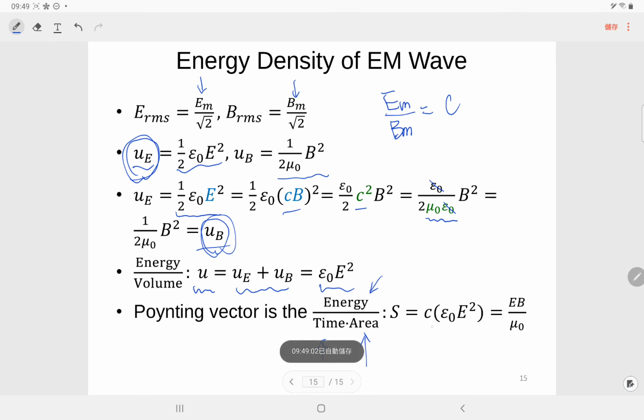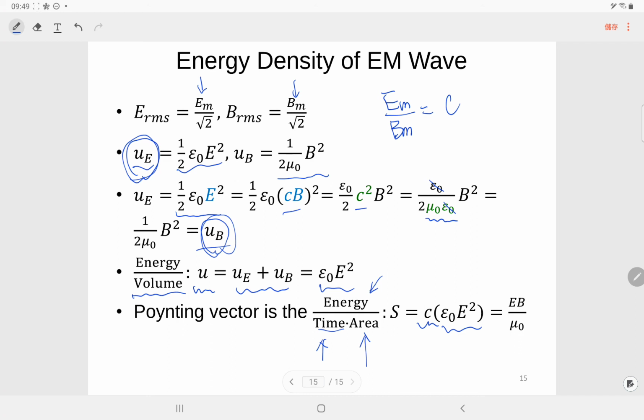So the magnitude of it should be the energy per time per area. This is divided by the volume, so you should multiply by the propagation length, and then divide by the time, which is nothing but the velocity, which is c.